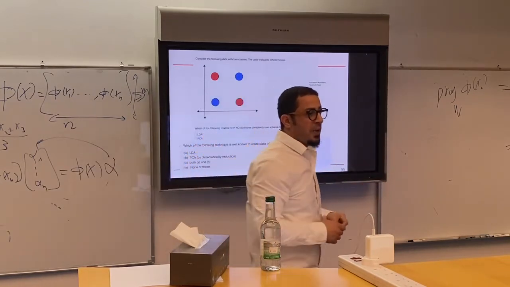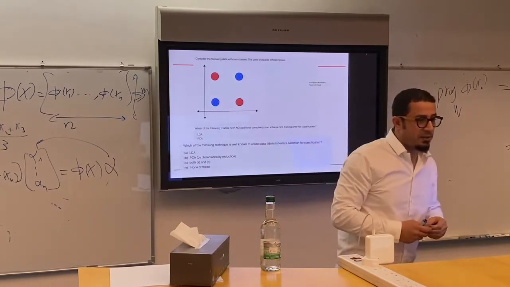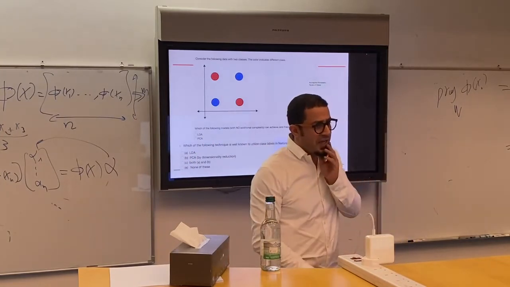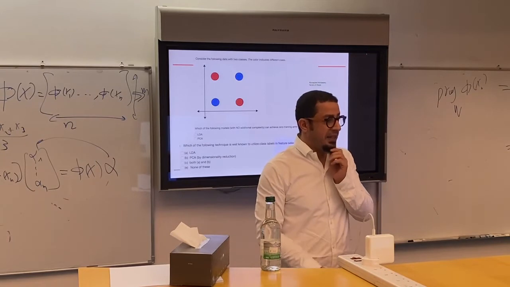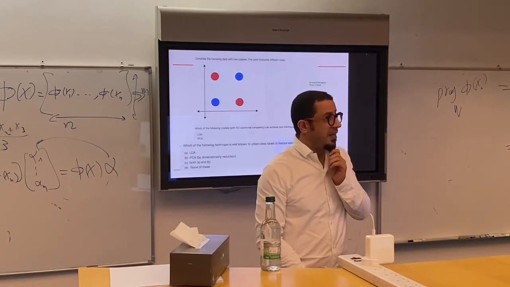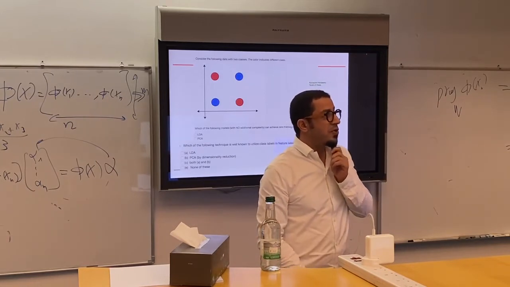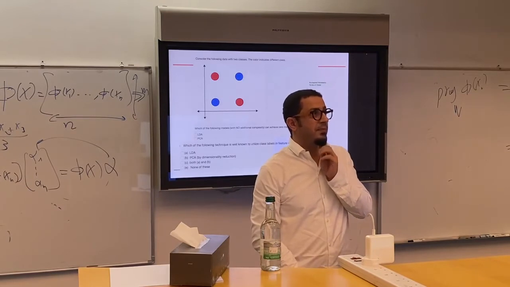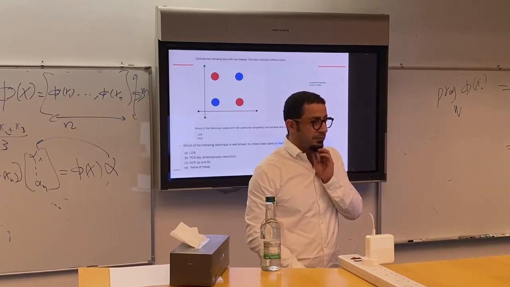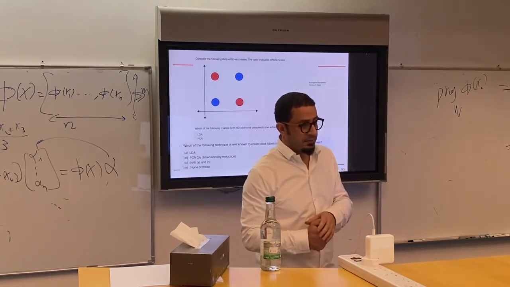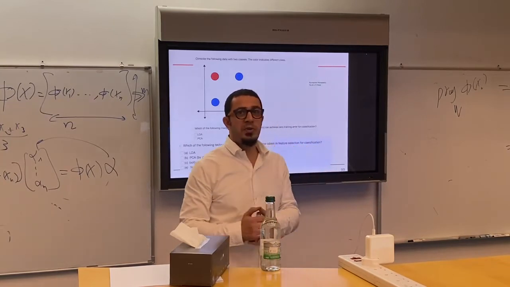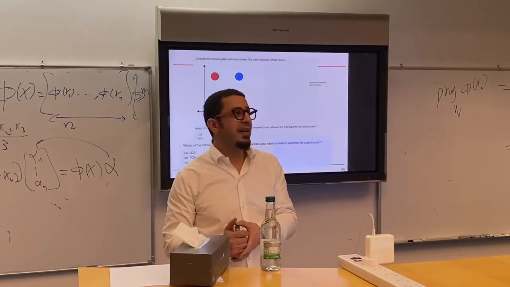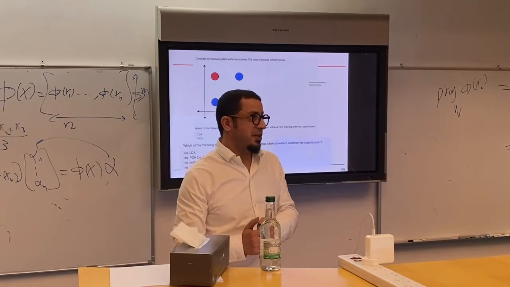Okay, which of the following techniques, when utilizing class labels, is used in feature selection for classification? LDA, PCA, or both, or none of them? Which one? It's not PCA, right?